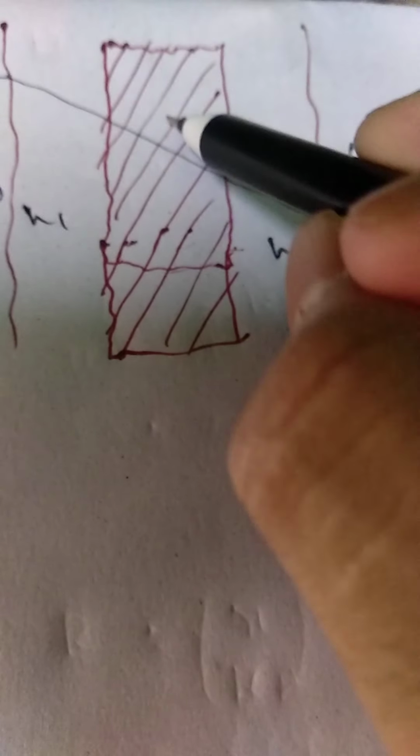The heat transfer coefficient for the hot fluid will be, suppose, H1, and for the cold fluid it will be H2. And the thermal conductivity of this wall will be K.